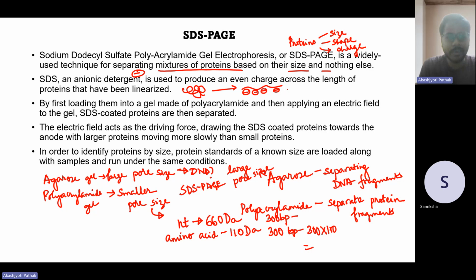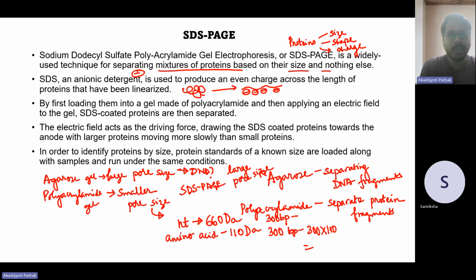First, it is linearizing the protein, so the effect of shape on mobility is removed. Second, it adds a uniform negative charge, so there is no effect of charge. Now the proteins will get separated only on the basis of their molecular weight, because the charge to mass ratio becomes equal.